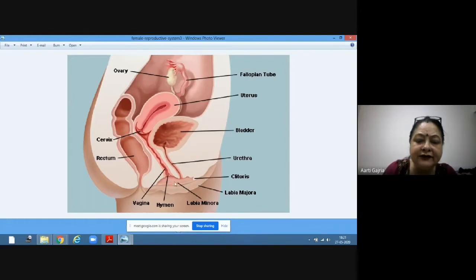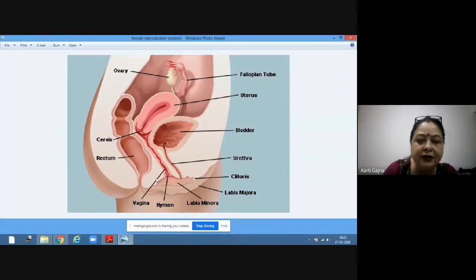Now this is the labia minora, a pair of labia minora. Outer is labia majora. Inside labia majora, you will find labia minora. This is the finger-like projection, clitoris. This is the urinary bladder, and from the urinary bladder, the urethra will come.